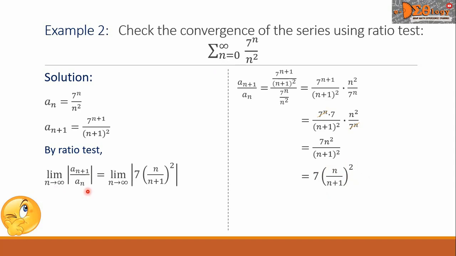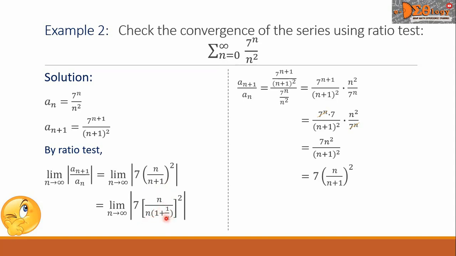So the limit as n approaches infinity is now the absolute value of 7 times n over n plus 1, raised to 2. By the rule of limits at infinity, we factor out n from the denominator, and what remains is 1 plus 1 over n.